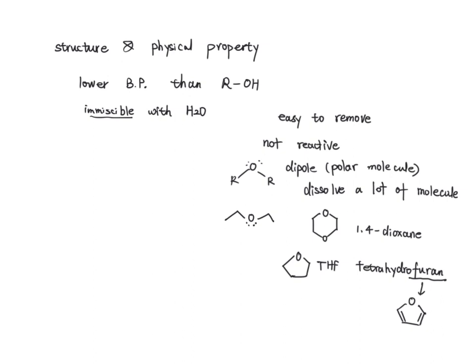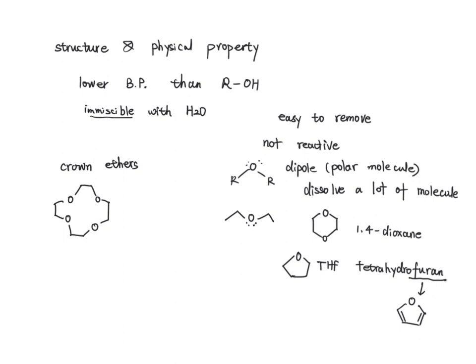And another thing that your textbook mentioned is called crown ether. Crown ether is still an ether. It just has a lot of oxygens, for example. And when you look at the structure of this crown ether, it looks like a crown. That's where the name comes from.